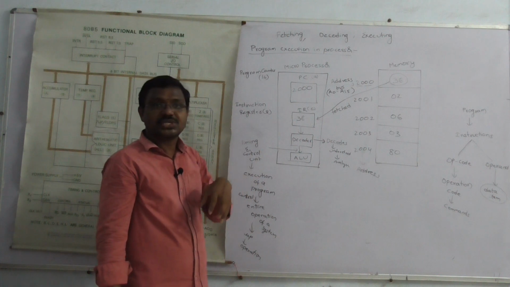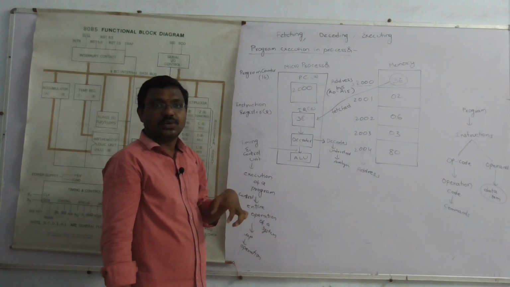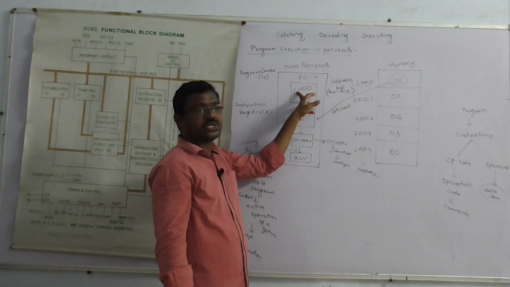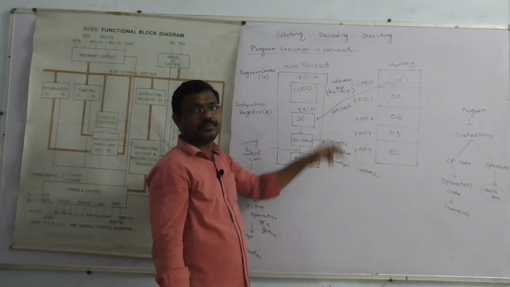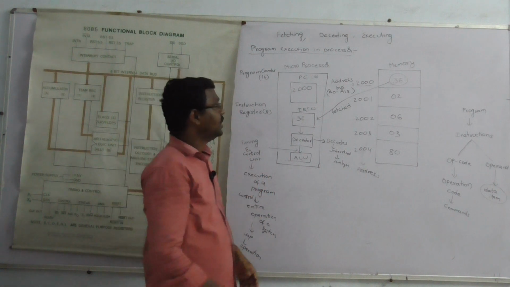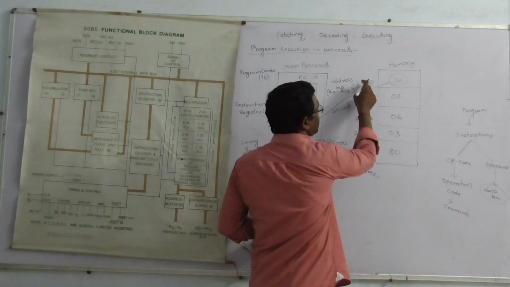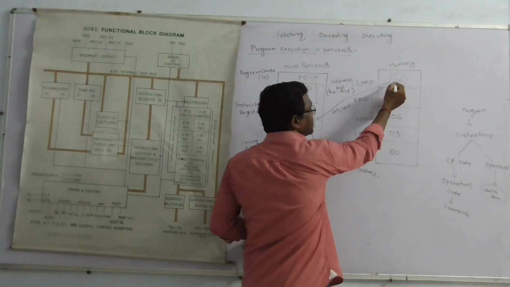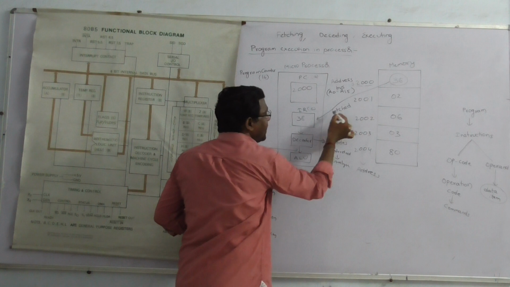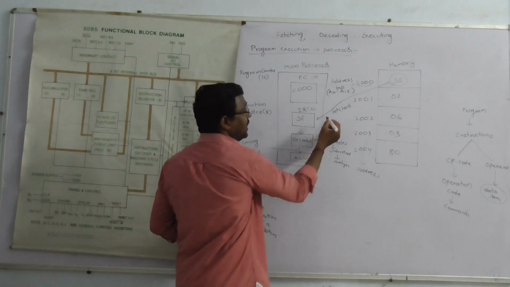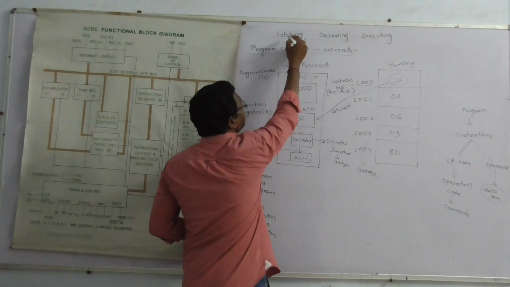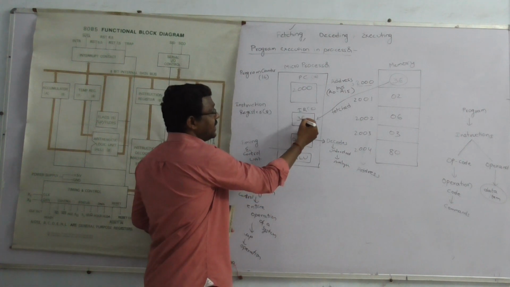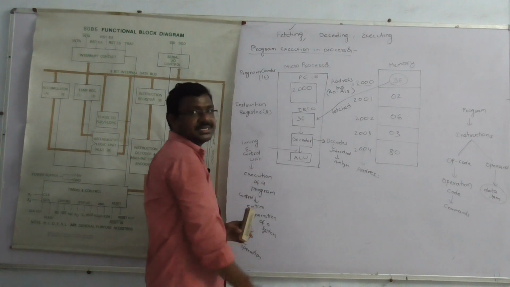We need the memory location 2000, and that location contains the information. When an instruction is fetched from memory to the instruction register, this is the fetching done by the microprocessor. Then we go to the next block, the decoder.